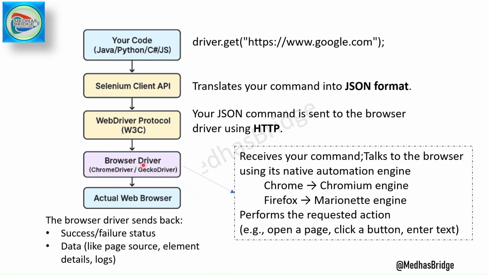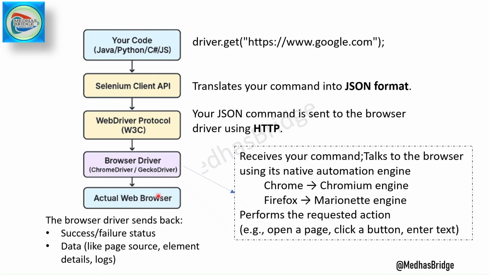So this driver is going to talk to your Chrome engine, a browser specific engine is what I am referring to in this case. When you send this command through this native engine, it performs the requested action, in this case opening this web page. Otherwise you can also see click the button, enter the text, that sort of functionality, right?